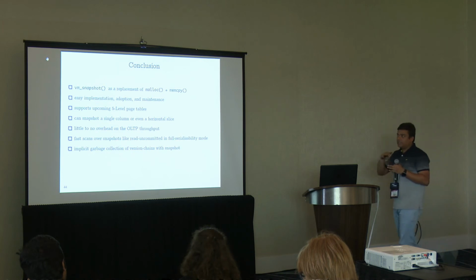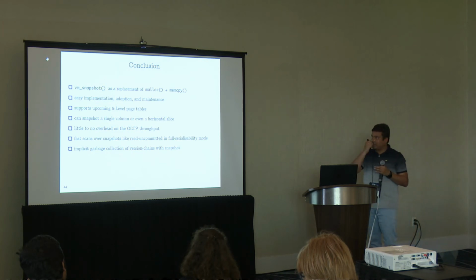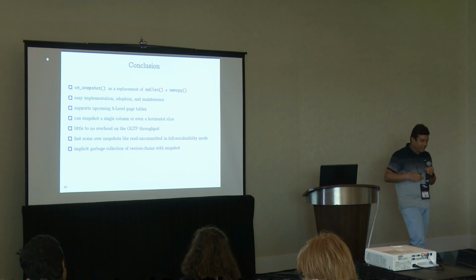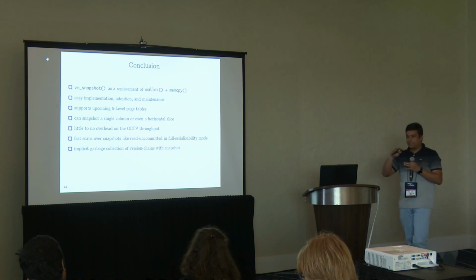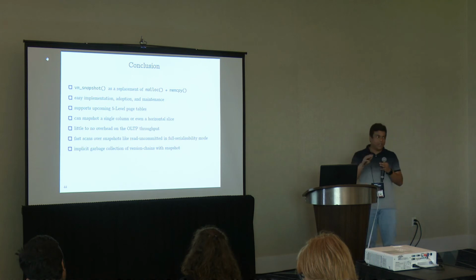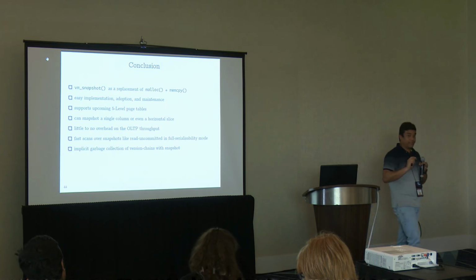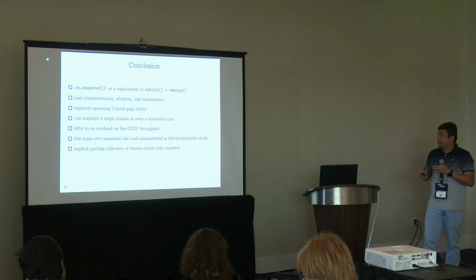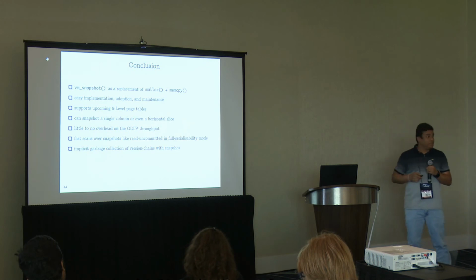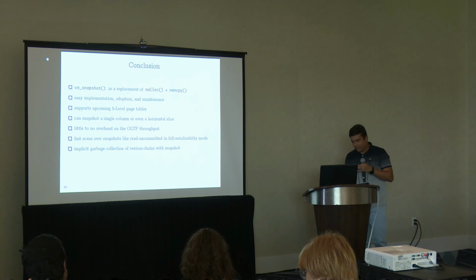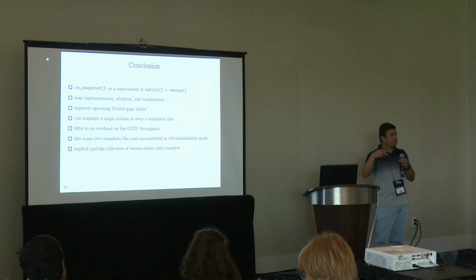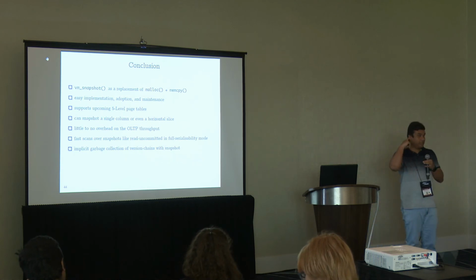And it can even snapshot a single column, horizontal slice, whatever you want to do. And we can get the performance for OLAP queries which is similar to read uncommitted while having no overhead on the OLTP transactions. And of course, the implicit garbage collection: when you garbage collect the snapshot, all the version chains are garbage collected implicitly. Thank you.